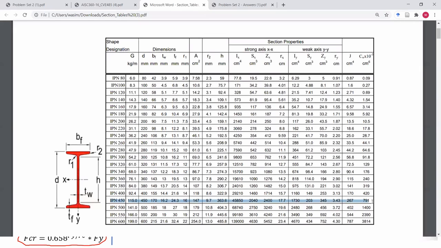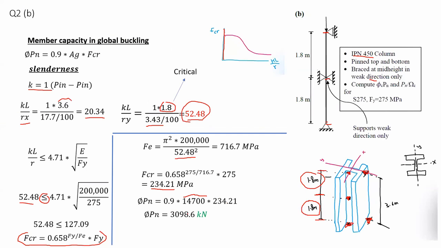Here we have the area, 147 centimeters squared, converted to meters squared it becomes 14,700 millimeters squared. Multiply by FCR, and you obtain the capacity equal to almost 3,100 kilonewtons. This is the capacity for this compressive member.